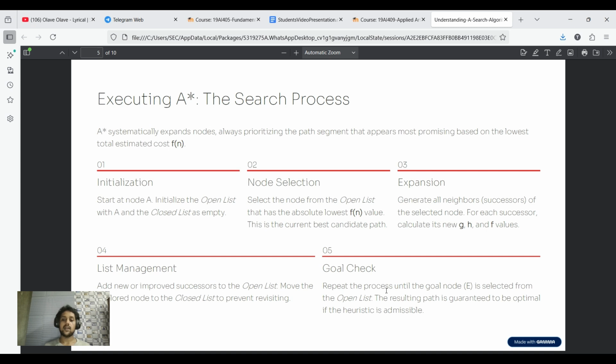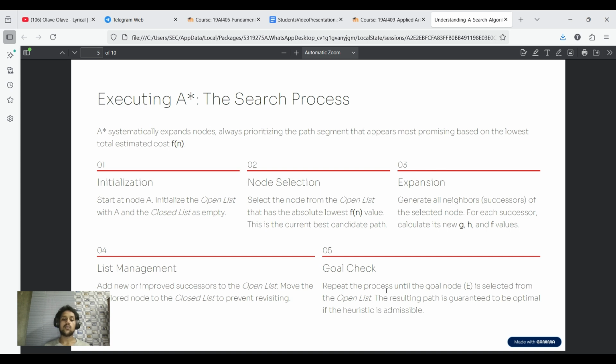Third step, expansion. Generate all neighboring successors of the selected node, and for each successor calculate its g, h, and f values. Fourth step is list management. Add new or improved successors to the open list. That means after visiting each node, we put them into the open and closed lists.